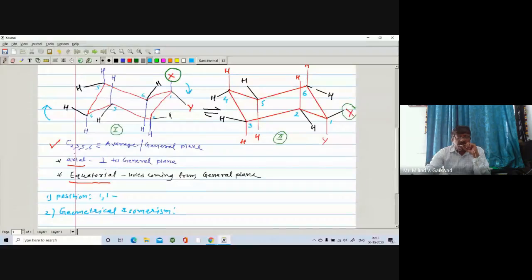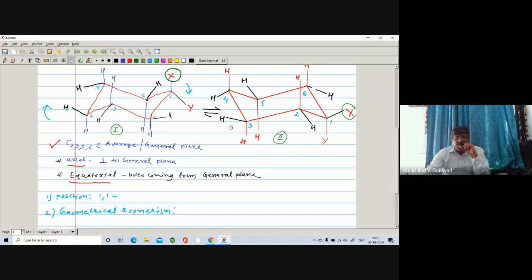So here the two groups X and Y, whether same or different, you'll notice that the average plane is formed by carbons 2, 3, 5, 6. In structure number one, carbon number one is above the plane, and in structure number two, carbon number one is below the plane. This means in both structures the two groups X and Y are either above the plane or below the plane.